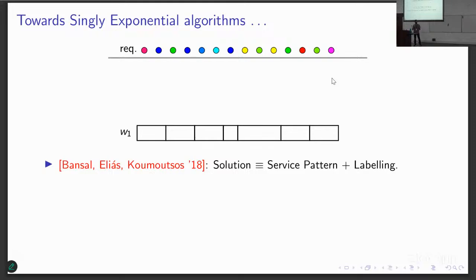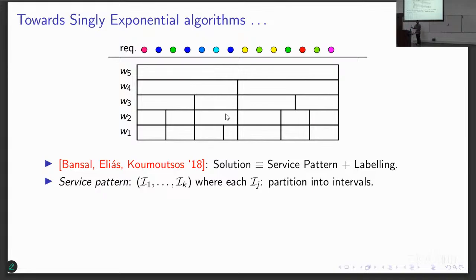It partitions the entire timeline into a set of intervals, where in each interval the server is at one position, and in the next interval it moves to a different position. Here each vertical line represents when the server is moving.